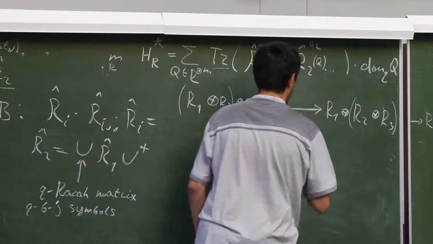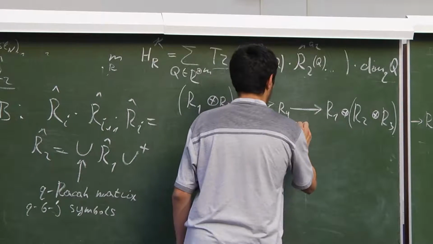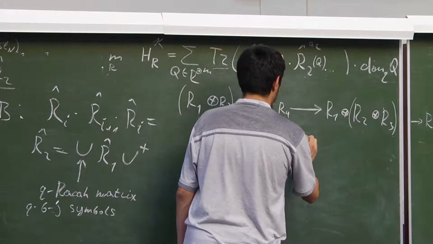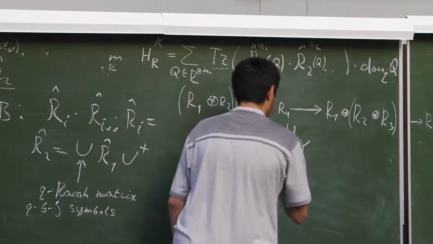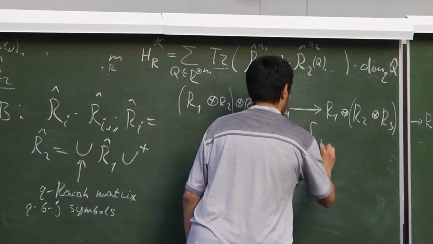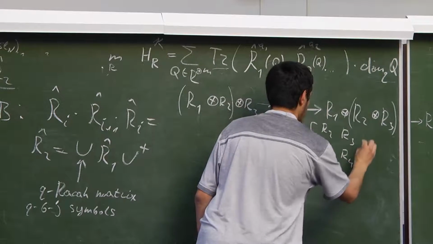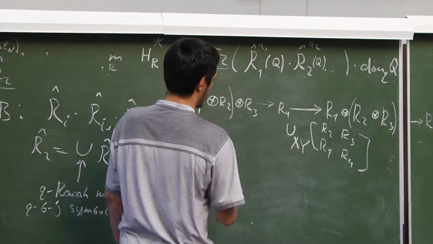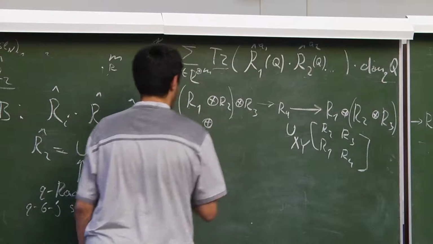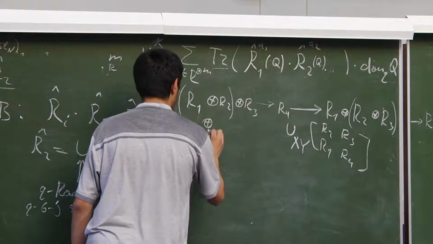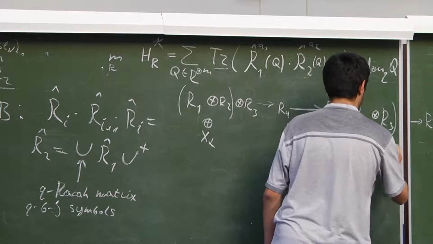And this rotation is described exactly by the Racah matrix, which is determined by 6 representations: R1, R2, R3, and R4, and by X and Y. X is the representation in the composition of these two, and Y the composition of these two.